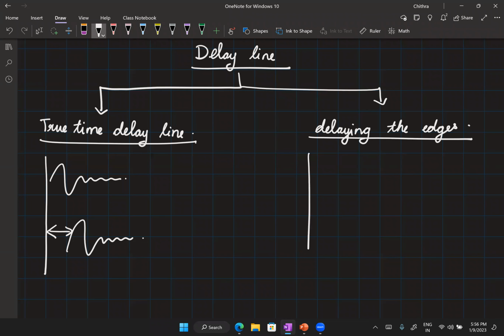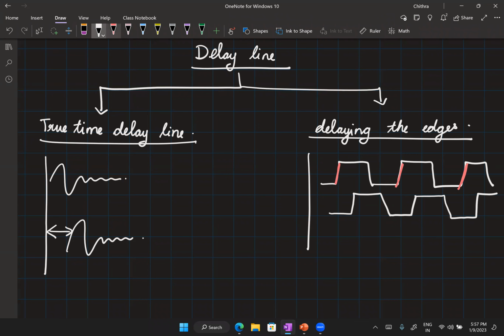Okay, so let's say I have a clock waveform like this, and I'm interested in delaying these rising edges very, very accurately. So what I'm looking for is some output like this, where I know that these rising edges have been delayed by the same factor without introducing any error.